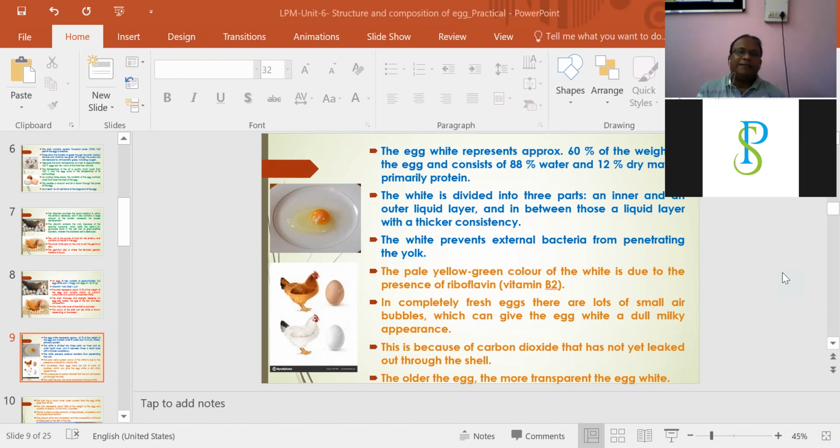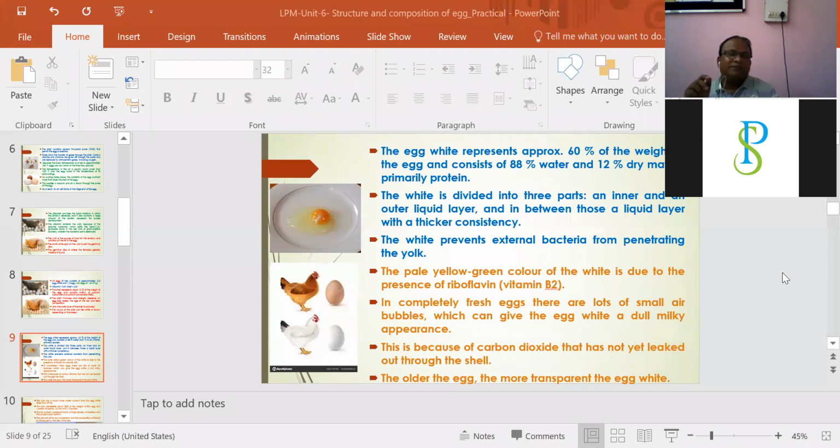In a completely fresh egg, there are a lot of small air bubbles which can give the egg white a dull milky appearance. When the egg is fresh and it is broken, you see there are so many bubbles in the albumin, which give the egg white a dull milky, whitish color due to the presence of bubbles.